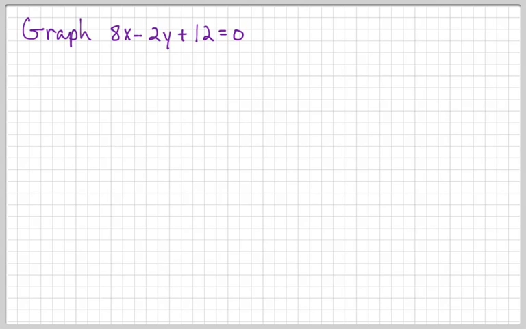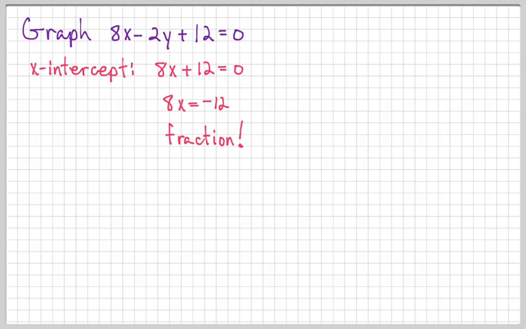Now let's graph one more together. Let's do 8x minus 2y plus 12 equals 0. The first thing I'll do is look at the x-intercept, which is going to be 8x plus 12 equals 0. So 8x equals negative 12. That's going to give me a fraction.